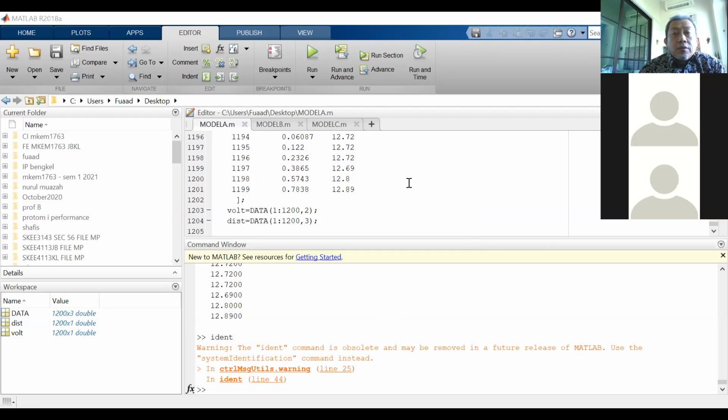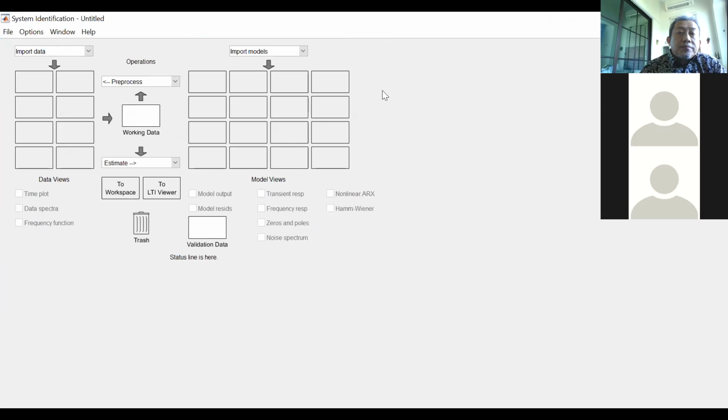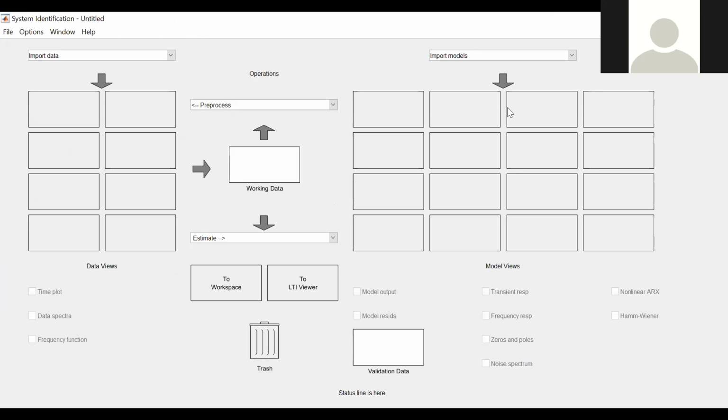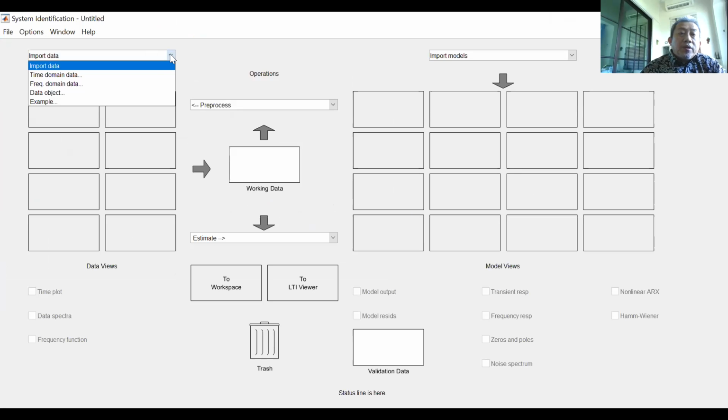Okay, so sekarang kita sharekan benda ni, takut tak nampak. Nampak tak? Okay. So sekarang kita import data tu, time domain data.